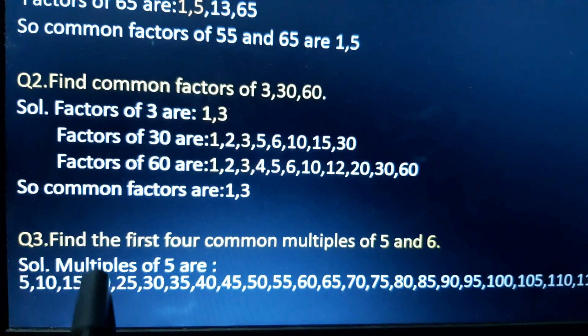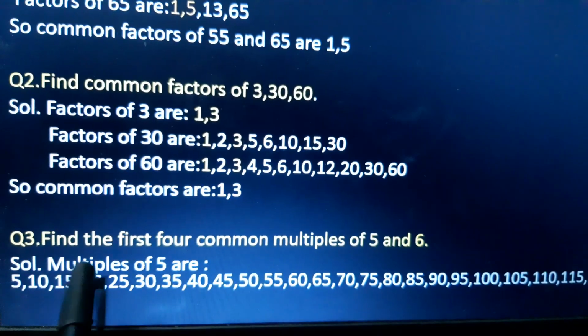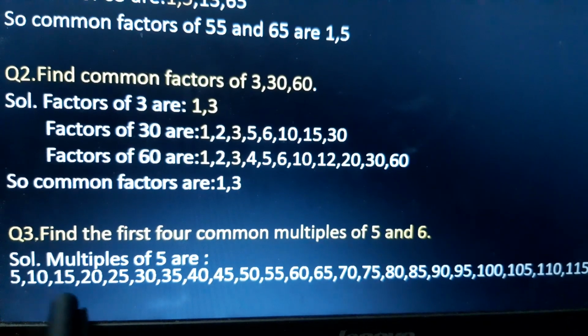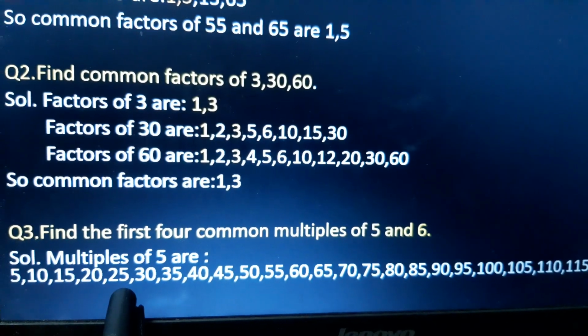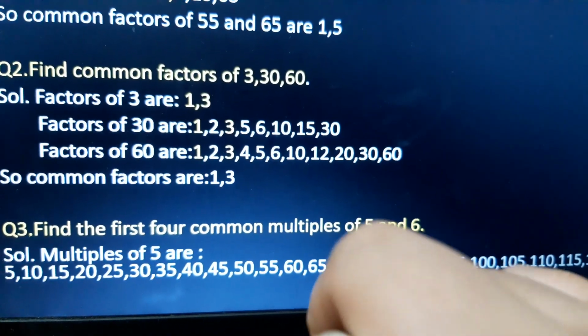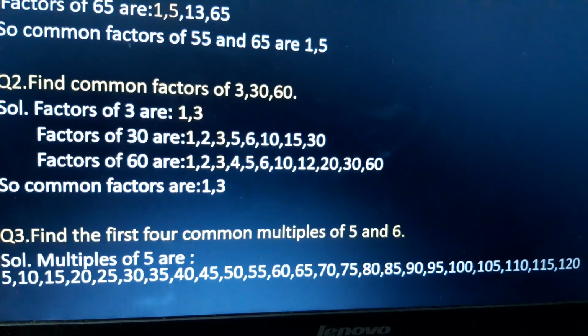Next question is, find the first 4 common multiples of 5 and 6. So let us write the multiples of 5. These are 5, 10, 15, 20, 25, 30, 35, 40, 45 and so on. I am going to write it till 120.